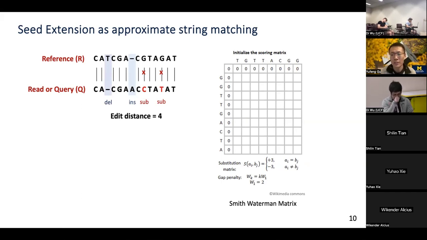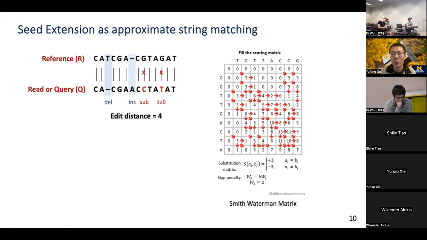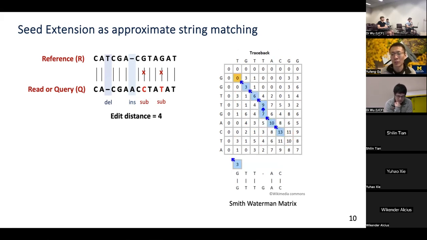If there is a difference, it means there is a substitution, insertion, or deletion, then we give it a penalty as a negative value. And when we fill out this table in a dynamic programming way, we look for the highest score and trace back to the start point. In this way, we could match the read and reference and find the difference between them.